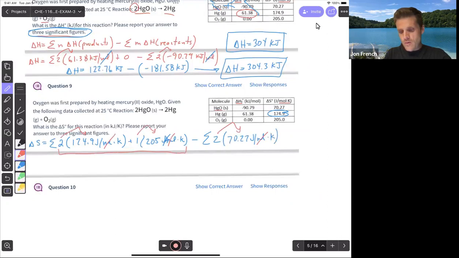So 174.9 times 2 plus 205 gives me 554.8 joules per Kelvin minus 140.54 joules per Kelvin.